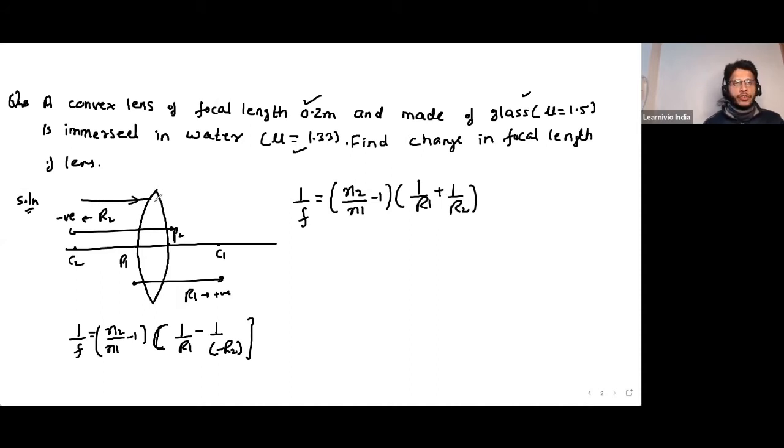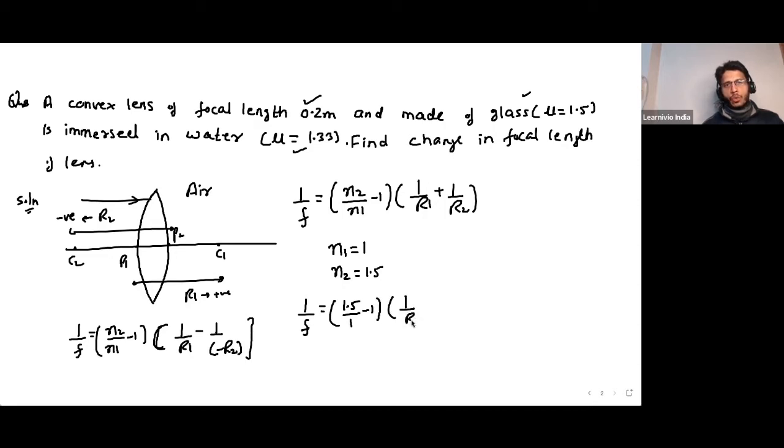So see, first your lens is placed in air. That means your N1 is 1 and your N2 is 1.5. If I substitute these values here, then your 1 by F will be 1.5 by 1 minus 1, times 1 by R1 plus 1 by R2.